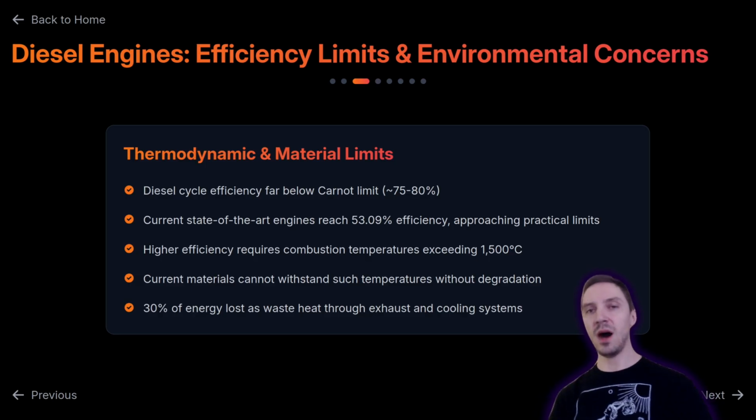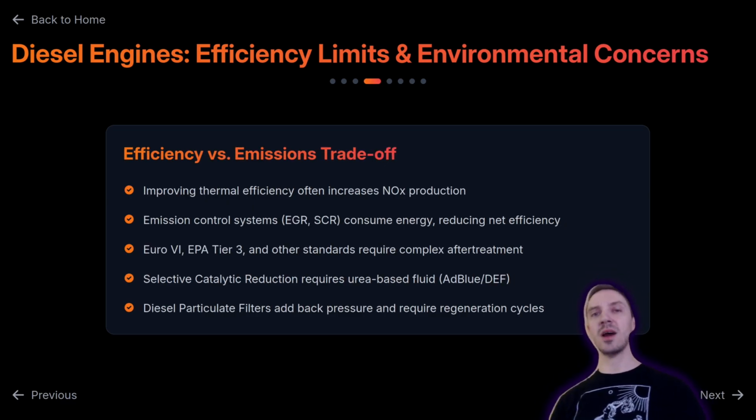Even the most modern and efficient engines have only reached about 53% efficiency. Similar to the steam engine, we're now seeing the limits of the diesel engine. And depending on how you go about trying to increase efficiency, that may increase emissions at the same time. It starts to become not worth it.